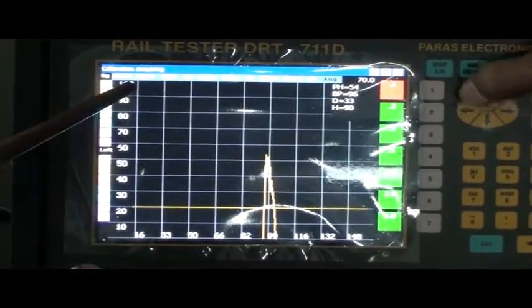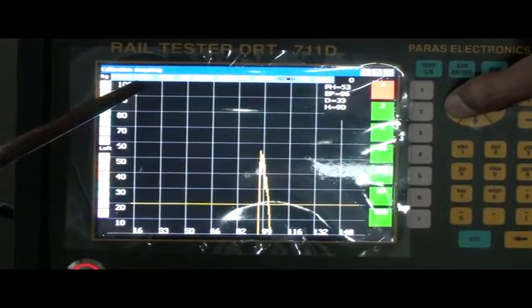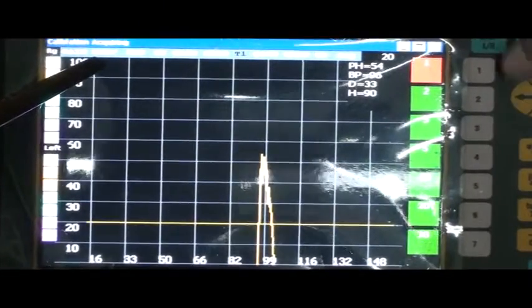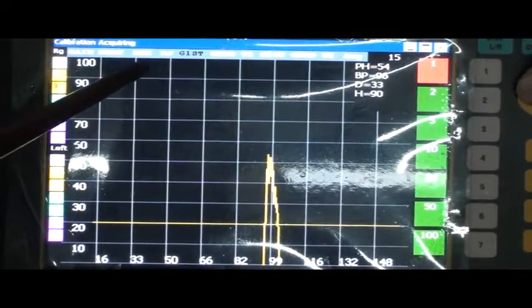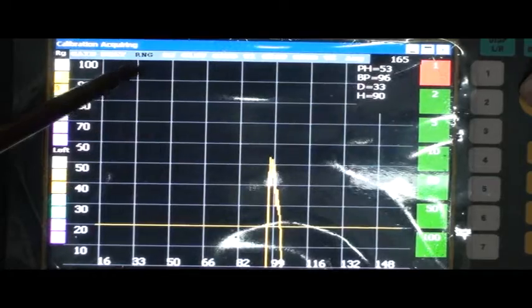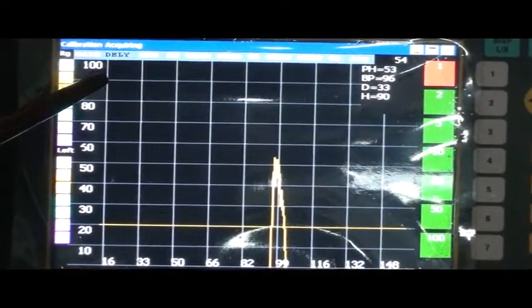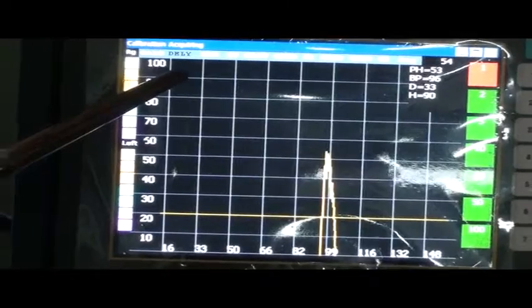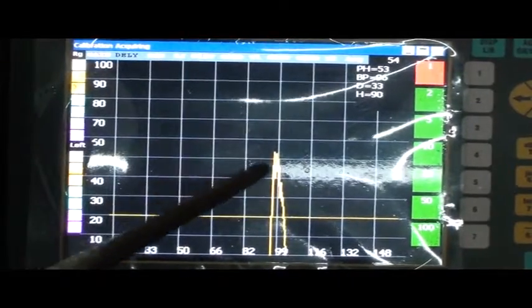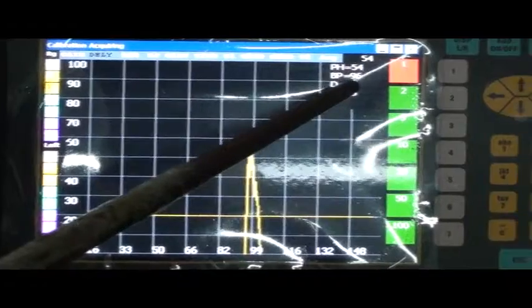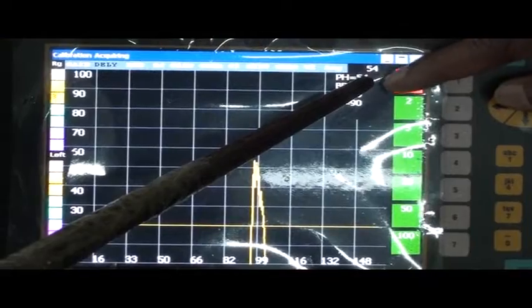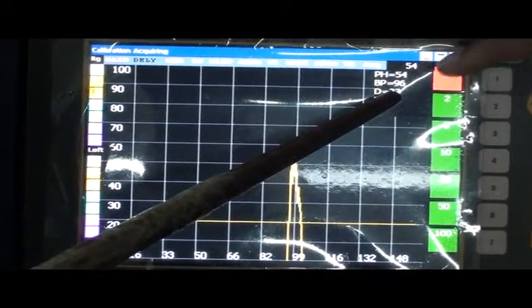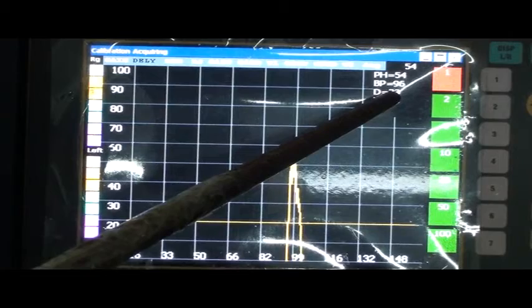For that we have to come to the delay function. Using this cursor we shift towards the left and come to the delay function. From here we will change the value of the delay. Here delay is showing 54. We have to make the beam path 100; it is now 96.